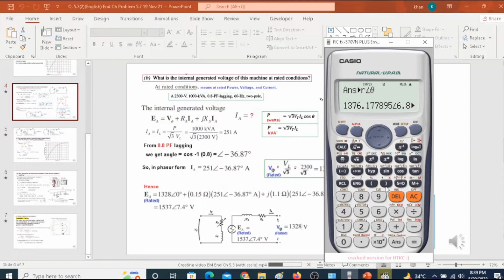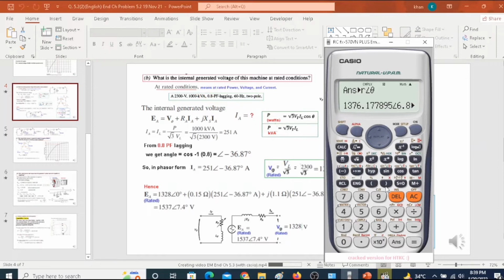Okay, now we want to find IA. So there are two scenarios. One is the power in watts. If it is given, then we'll use this formula, root 3 Vt IL cos theta. But if the power is given in kVA, which is towards the input side, then we will only use root 3 Vt IL, not the cos theta. Now in this case, the power is given in kVA, so we'll use this formula.